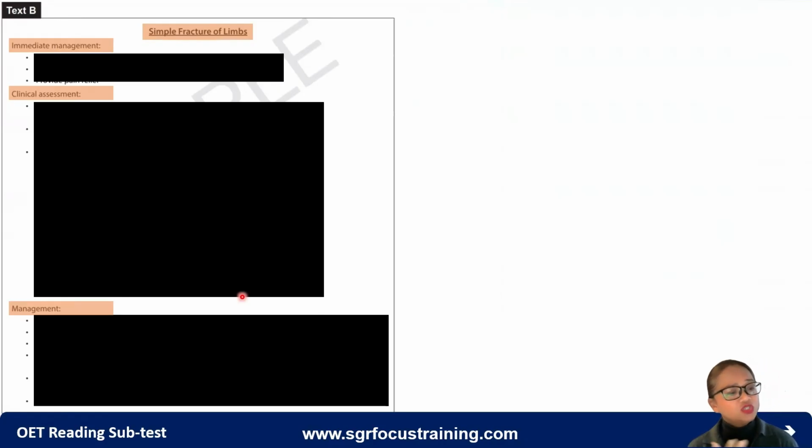Now, the other 2 subheadings, we've got immediate management at the top and management at the bottom. Now, management is treatment. It means you are treating a patient, you are managing a patient. But they're split into 2 because one is immediate, meaning the priority, the very first thing that you will do, or in some cases, we call this emergency.